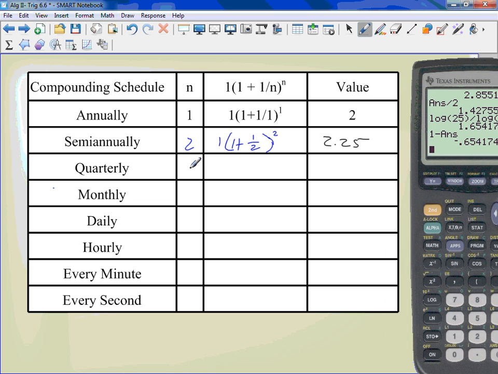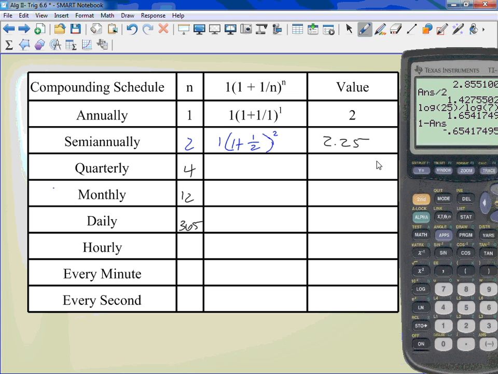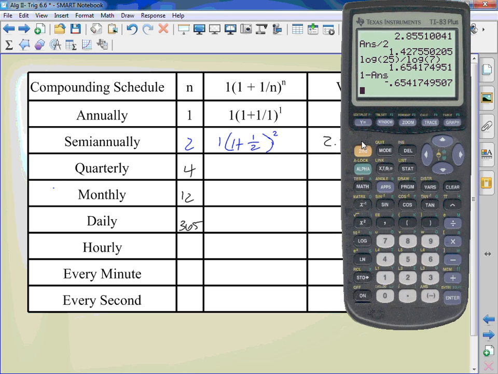Quarterly, how many times a year? 4. Monthly is 12. Daily, 365. How about hourly? What do I have to do? 365 times 24, you almost got me.